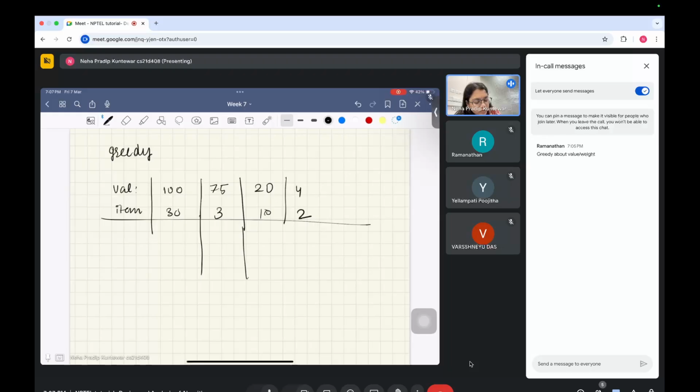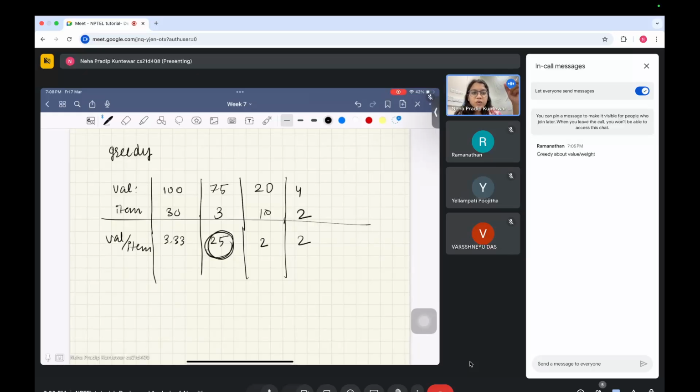So then what we'll do is we will find out this value over weight. So this is let's say 10 by 3, 3.33, something like this. This is 25. Yeah, 25. This is 2, and this is 2.